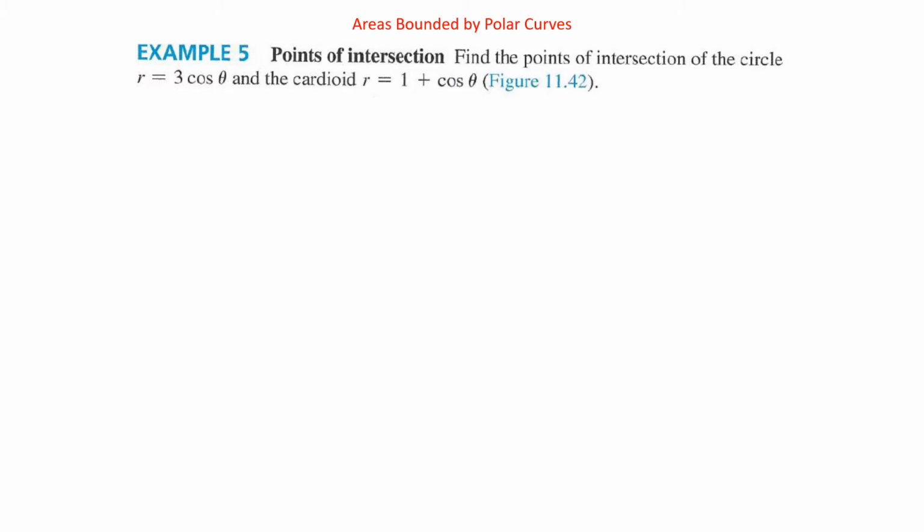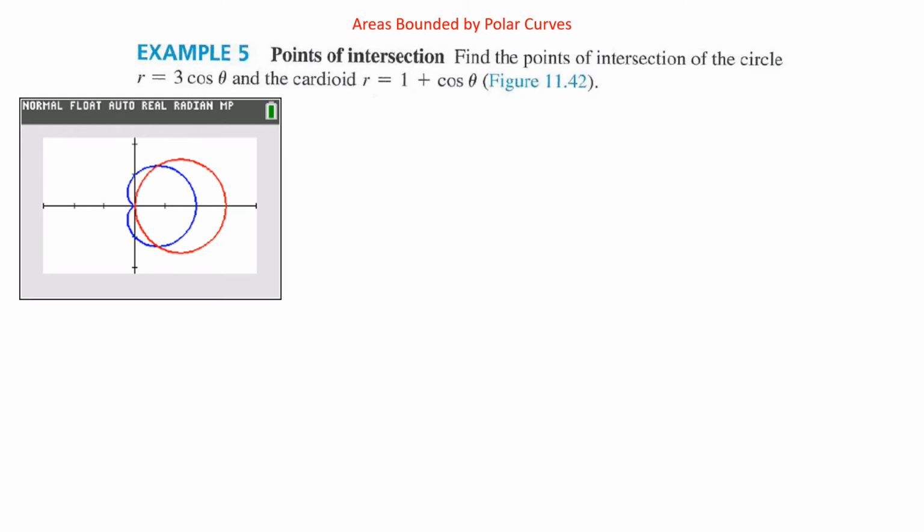So let's use our cardioid. This is actually a slightly different cardioid. It's reflected. It's 1 plus cosine theta instead of 1 minus cosine theta. And a circle, 3 cosine theta. Graph looks like that. We're going to find the points of intersection. Well, the points of intersection are where they're equal. We have r equals and r equals. So just set the r's equal to each other. 3 cosine theta equals 1 plus cosine theta.